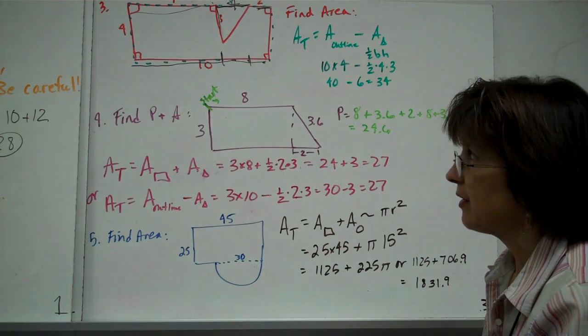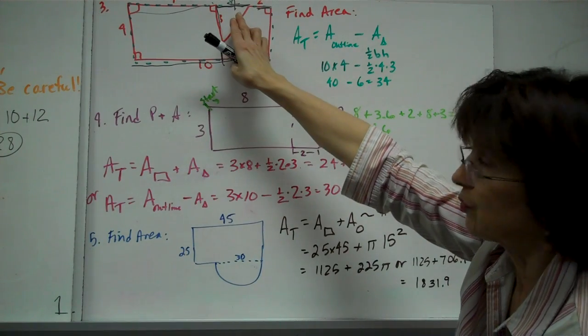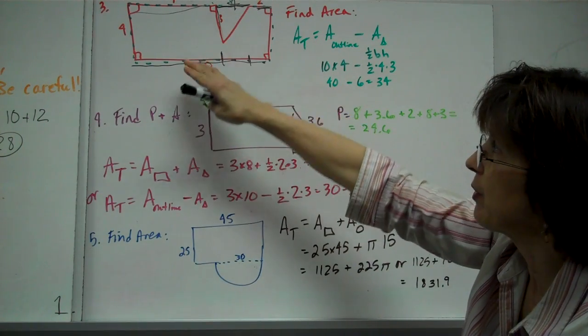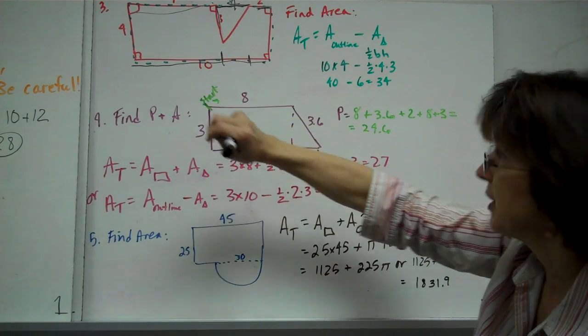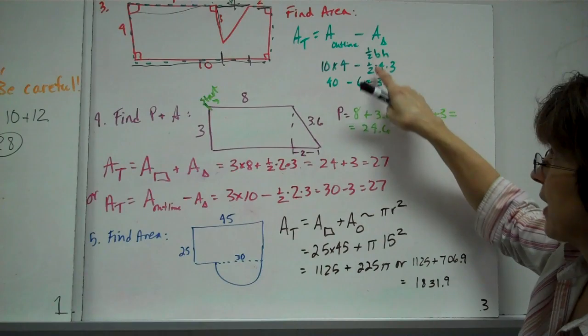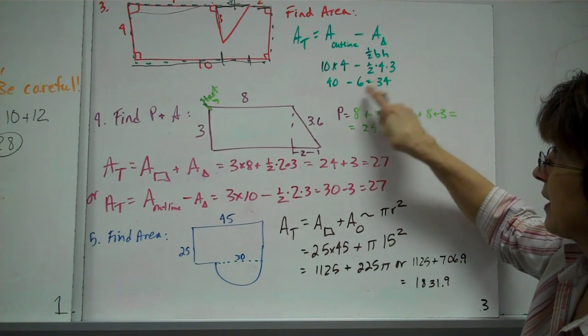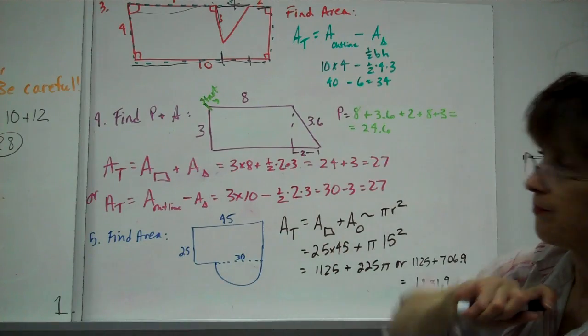And it's kind of good to see. You don't want to assume it's good as it doesn't even look like 4 really, and that's okay because you got to go by what the math is, not by what the picture shows. Okay, so then you do that out. The 10 times 4 is 40. Minus the 1/2 the base, which is 4, and the height, which is 3, and that's going to end up being 6, so 40 minus 6 is 34.